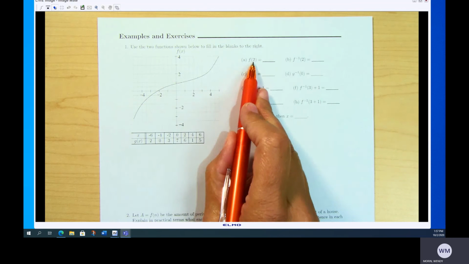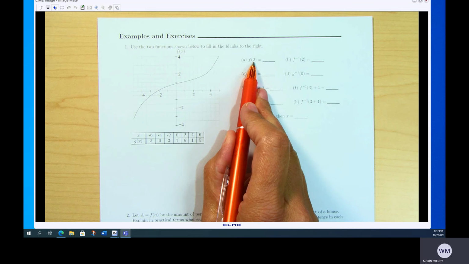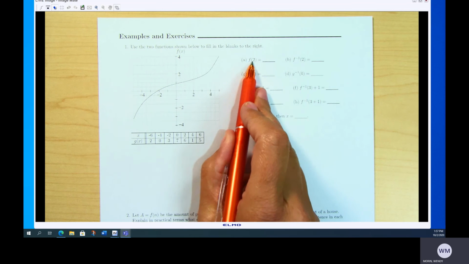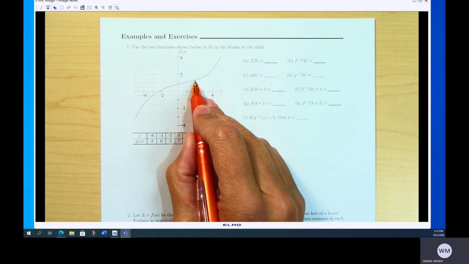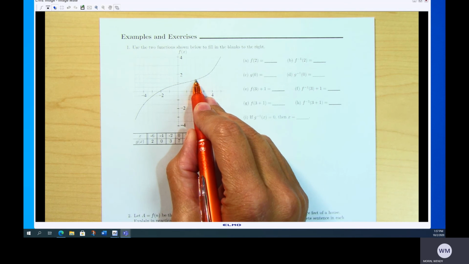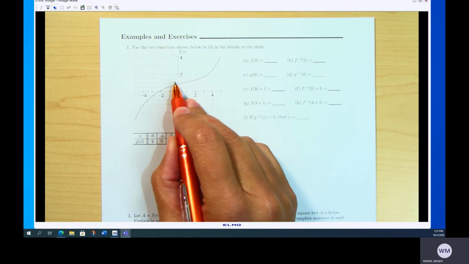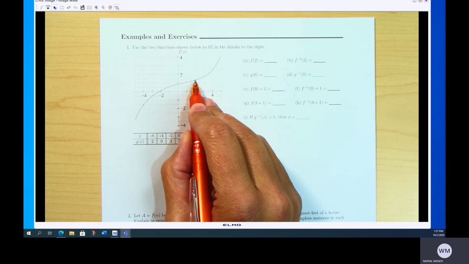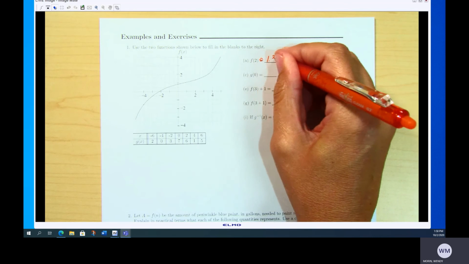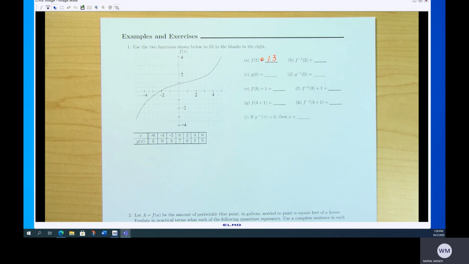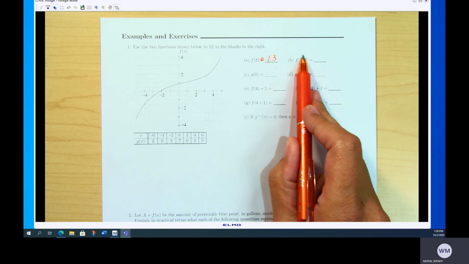That's saying that 2 is our input, f of 2 is the output. So what's our output? Right about there. Well, these are going by halves, so it's not quite 1.5. So let's just say approximately 1.3. Okay? Now you go ahead and try this one. What is this saying?